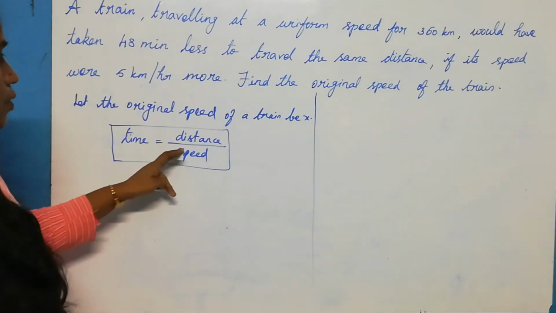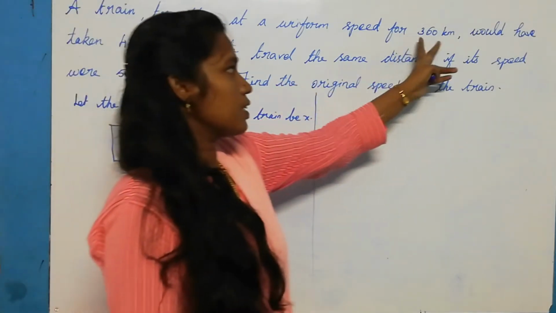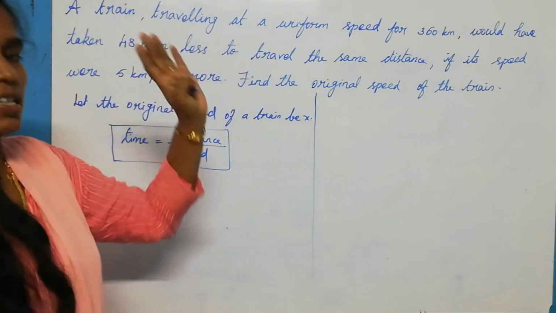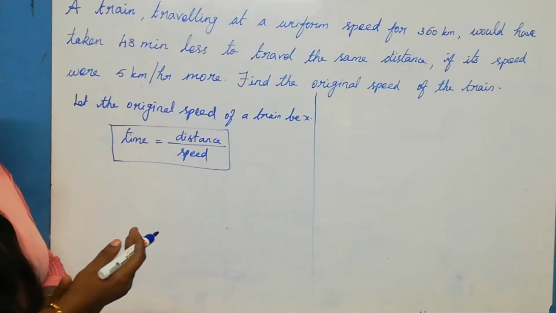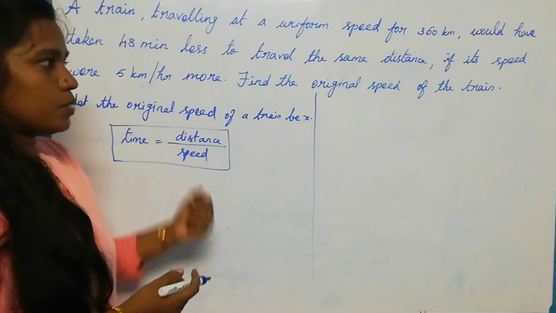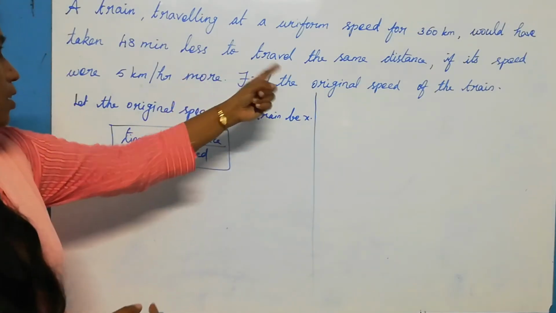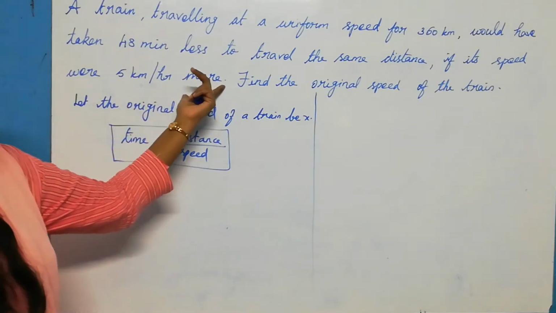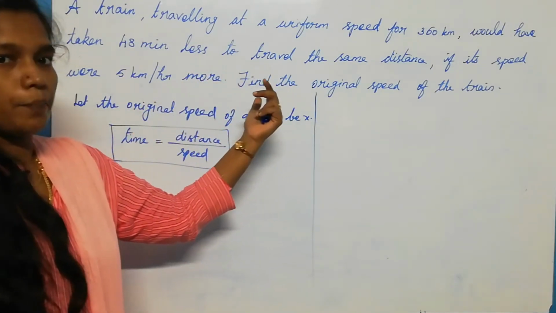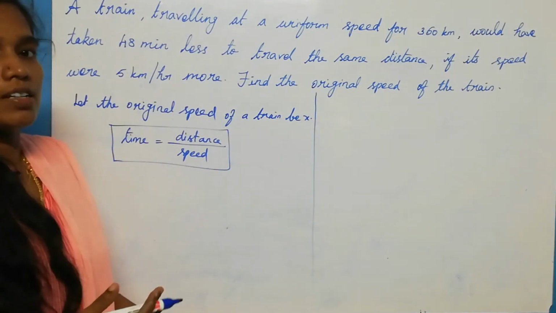Now here what's the distance? 360 km. Distance is same but speeds are different. So first x is a speed, then next, see here 5 km per hour more, that is x plus 5 is a speed. Okay, so what's the time difference?